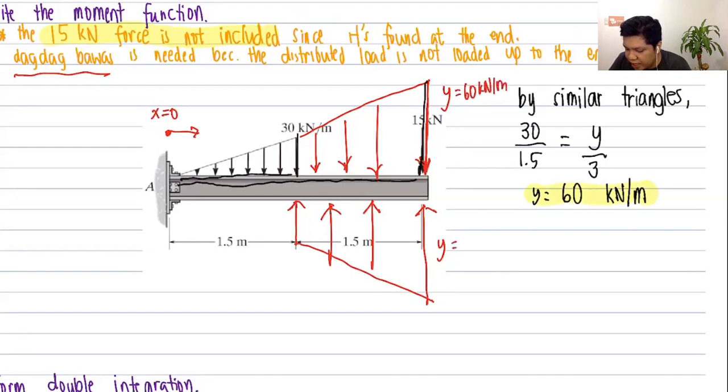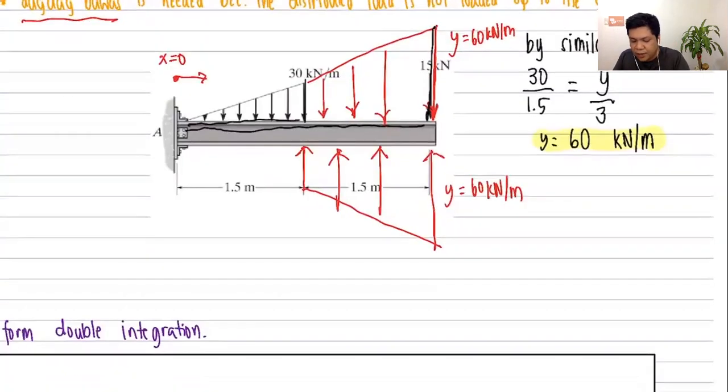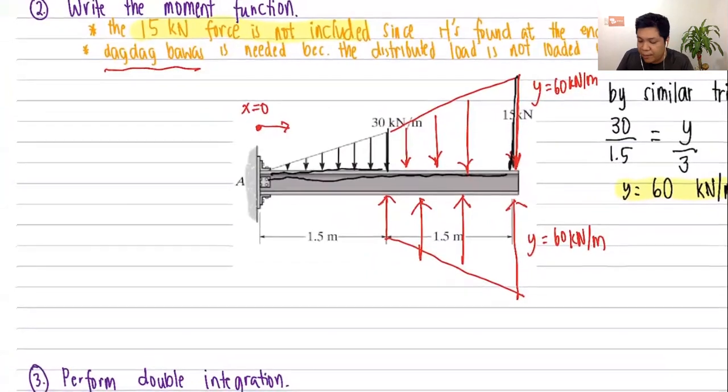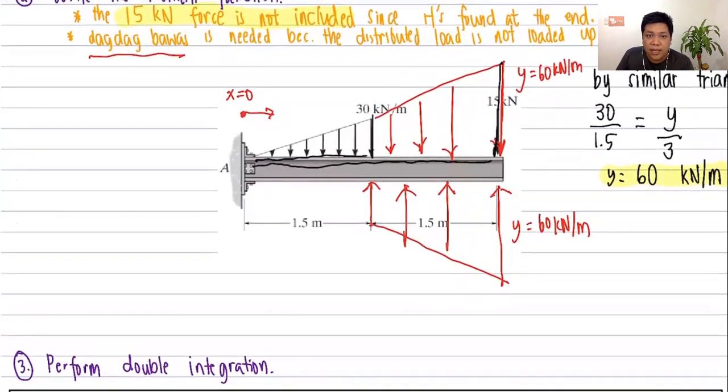Same with this one. Therefore, I can now write my moment function. And again, I'll just copy. I know that I have an upward force of 37.5 kilonewtons, and a counterclockwise moment, which is 67.5 kilonewton meters.